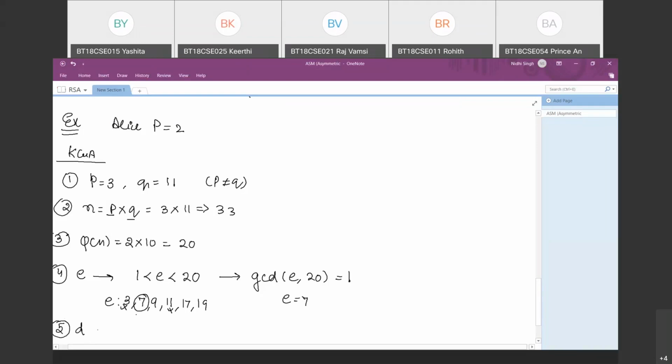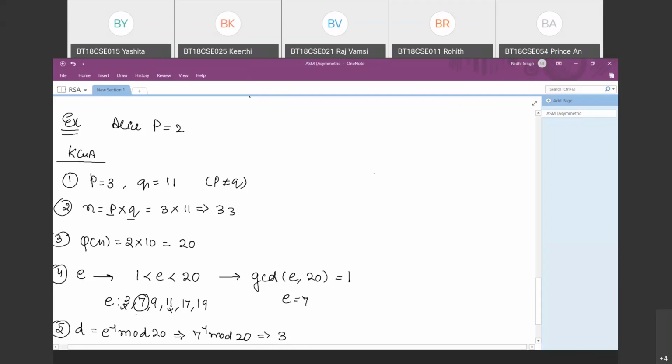Now what is my private key? Private key is E inverse mod phi n. What is the phi n value? That is 20. So 7 inverse mod 20. 7 3s are 21. Yes. So the value of D is 3 and the value of E is 7.